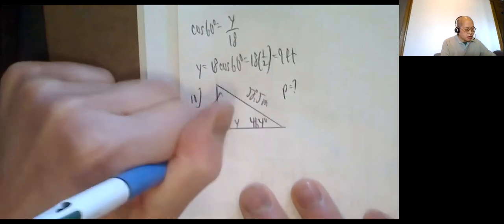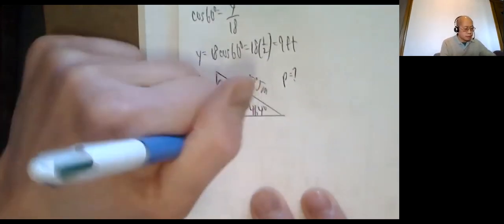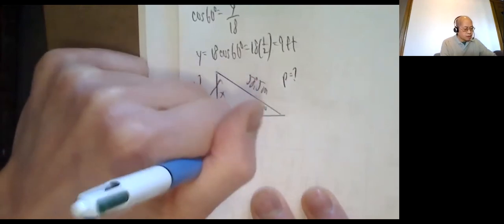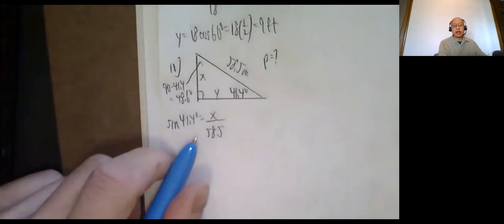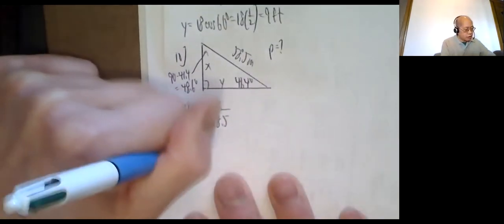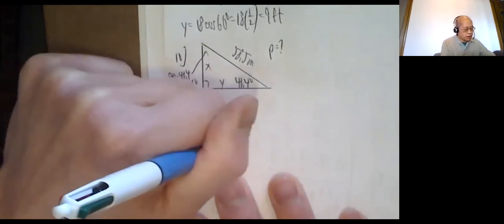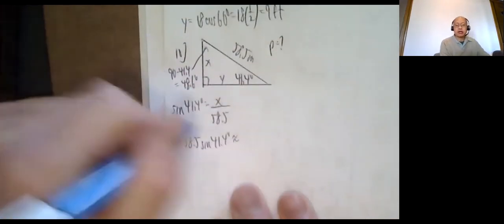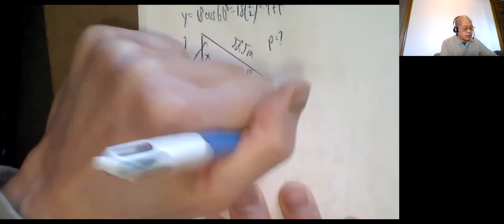So sine 41.4 is opposite over hypotenuse 58.5. And the algebra is usually very similar. Just multiply both sides by 58.5, right? So x is 58.5 sine 41.4 degrees, approximately. Squiggly equal means approximately. And they want us to round to the nearest tenth.